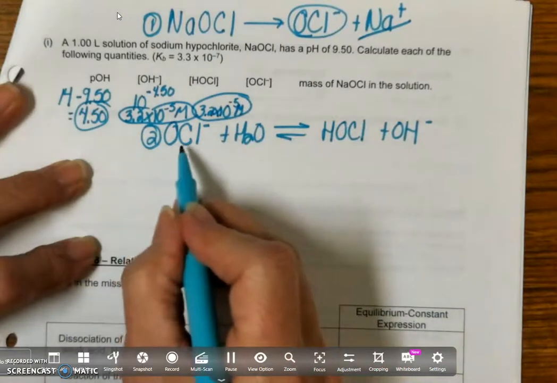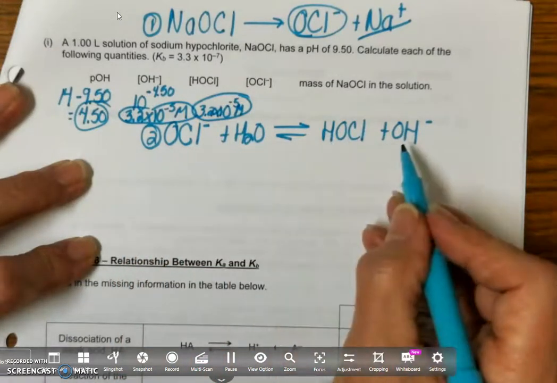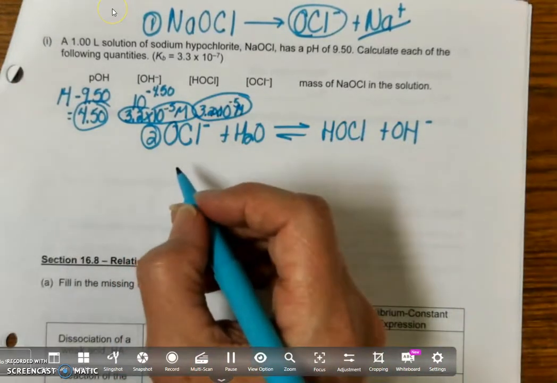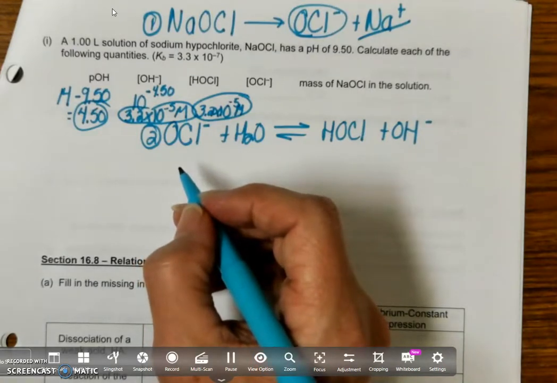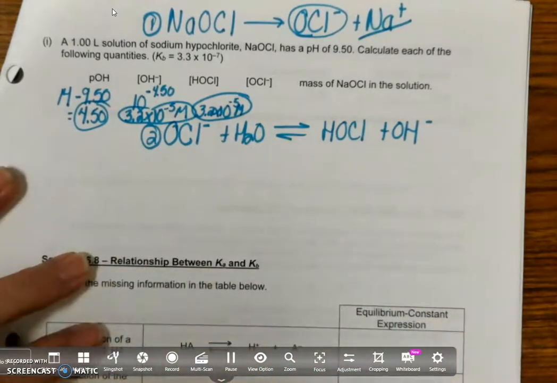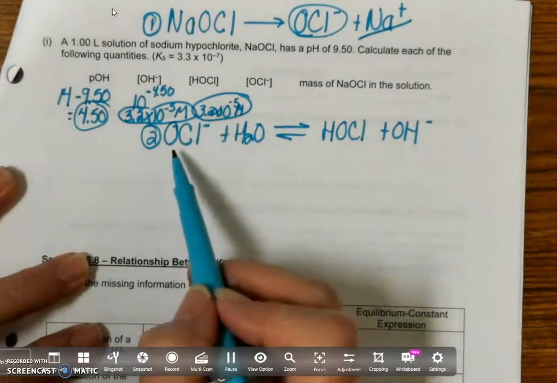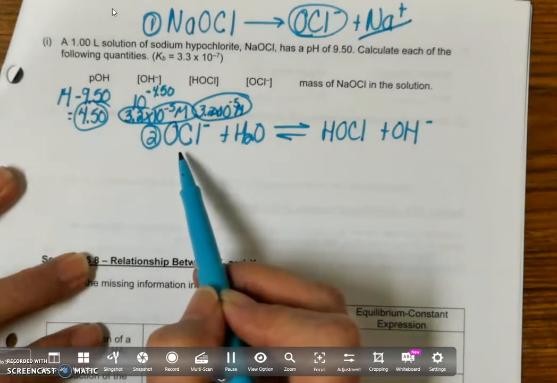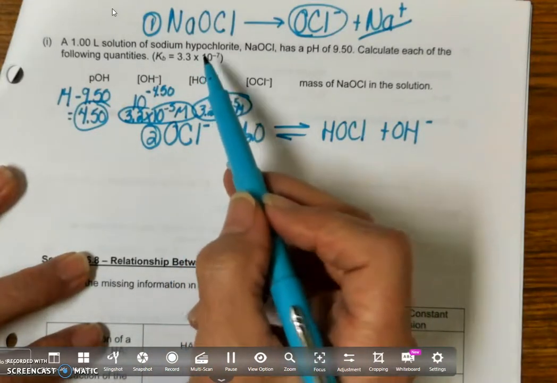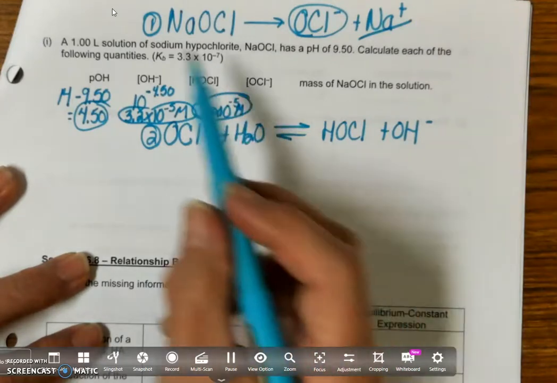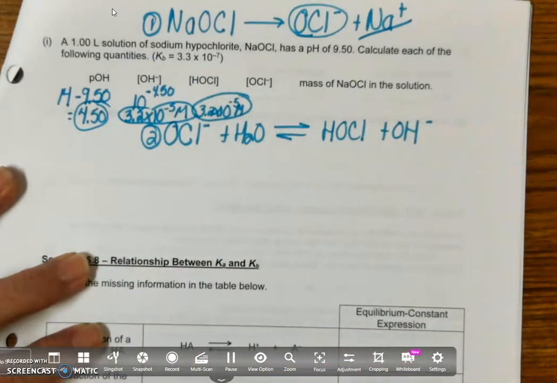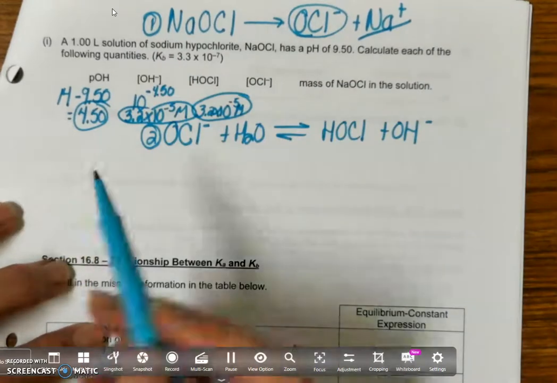This is the one we don't know. So it's just like the problem we did before. So I'm going to go ahead and do my RICE tables. Now, I don't know what this is, but I have Kb, so this is a slightly different twist. If you notice, I've not been given a molarity of an initial concentration of this.